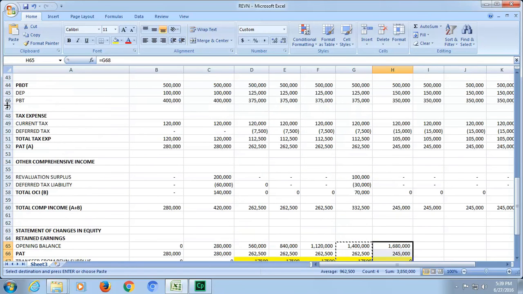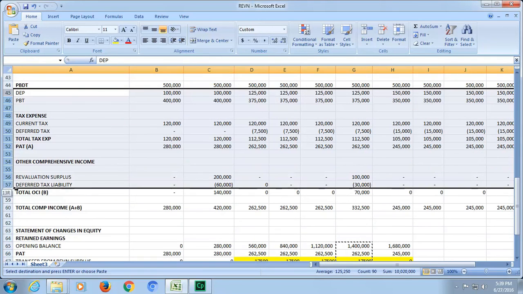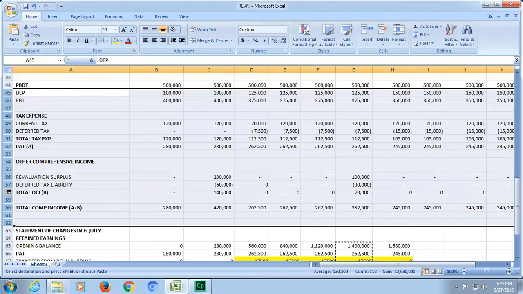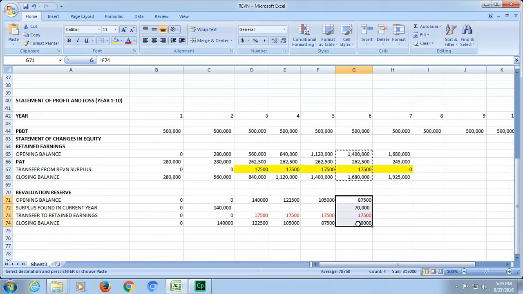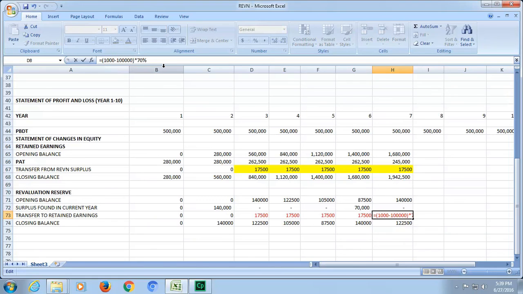As I'm not able to see, I'll just hide some rows so that it becomes easy for us. Now in the seventh year again the figures will continue, but in the seventh year the transfer from revaluation surplus to retained earnings would change, because now the depreciation figure is not 1,25,000 per annum, it is now 1,50,000.